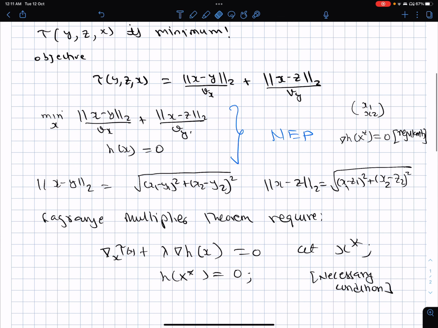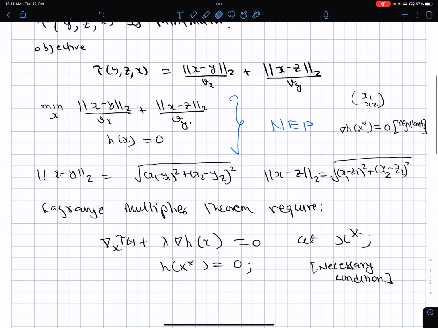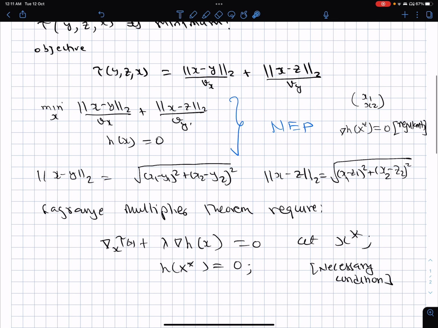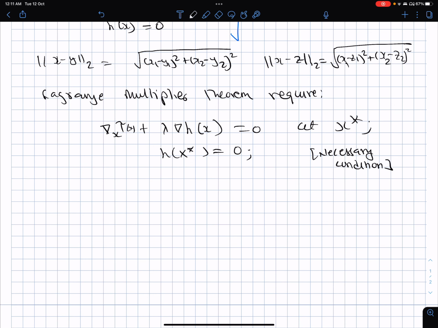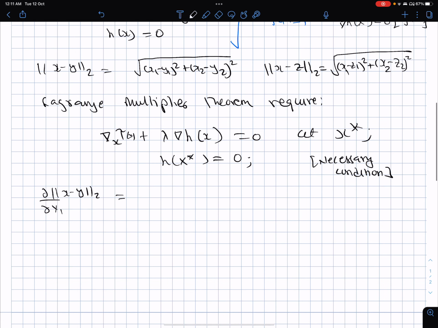My first task is to create the derivative, the gradient of this and gradient of this. So if I calculate the gradient of one of these, then equally well I can calculate the gradient of the other. So let me proceed with calculating the gradient of this. If I take this partial derivative with respect to x1, then I will apply the chain rule.